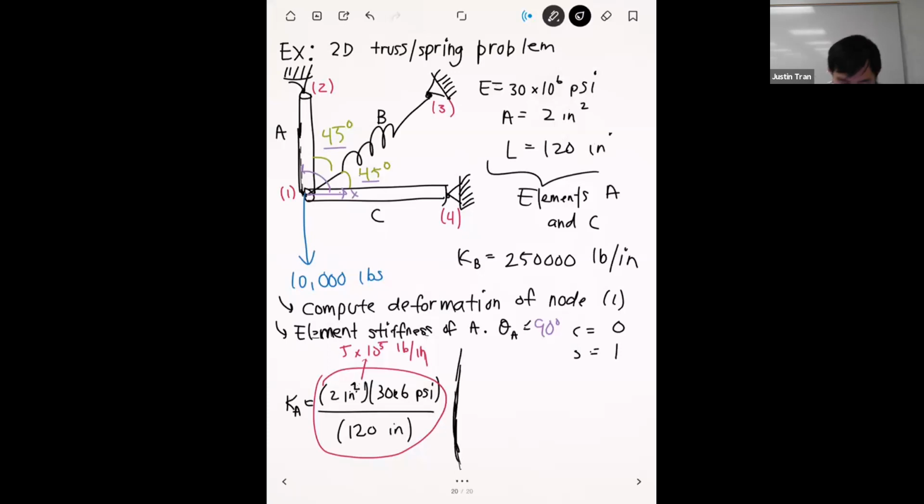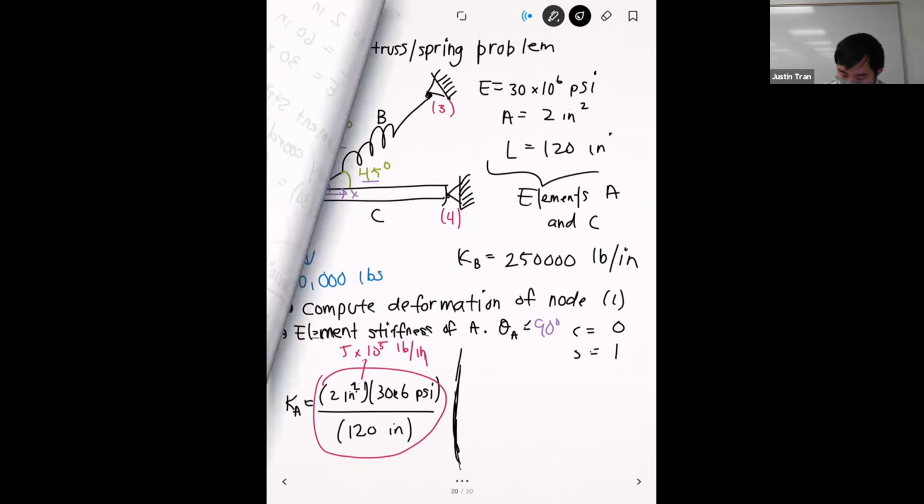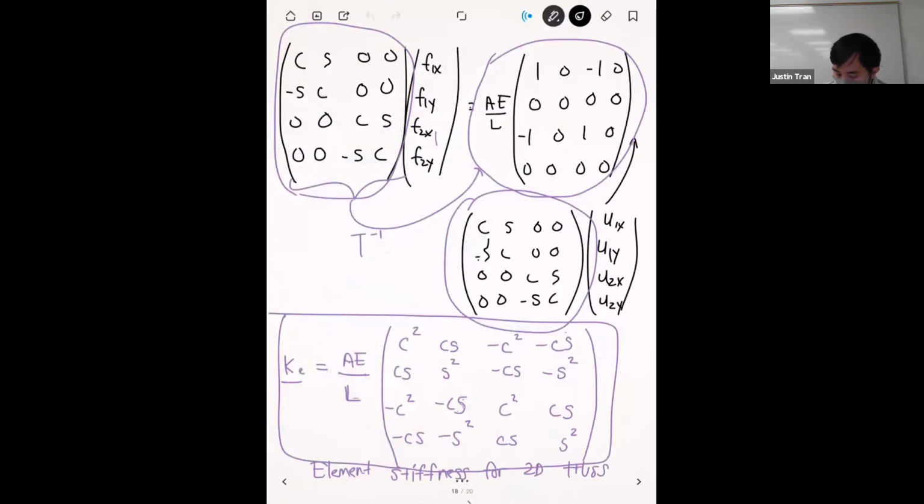Next we have the entries in the middle. If we go back to our expression, whenever your angle is either 0, 180, 90 degrees, or 270, this simplifies a lot, because the cosine of 90 is 0. Everywhere that we have a cosine, we're just going to fill in a 0, and there are a lot of cosines in this expression.